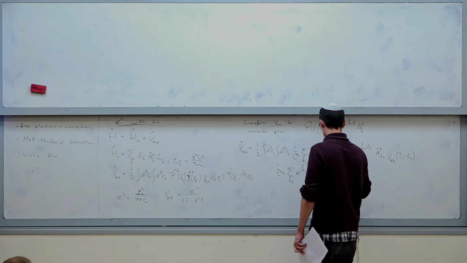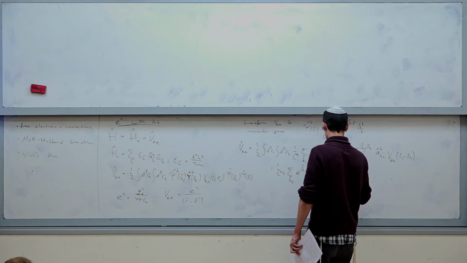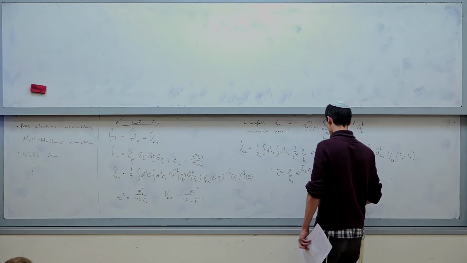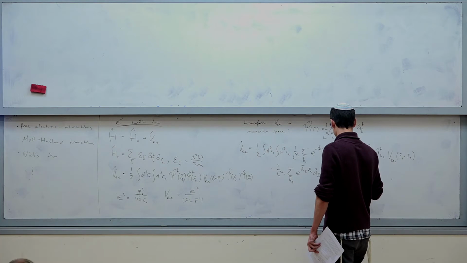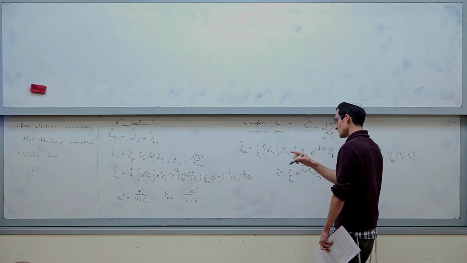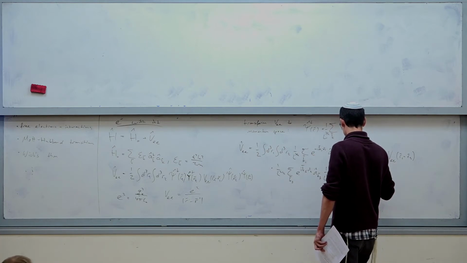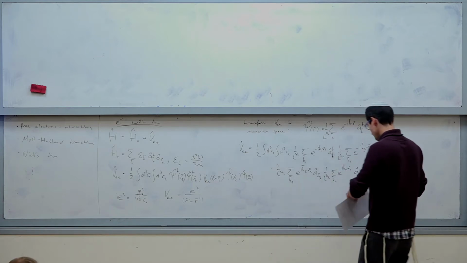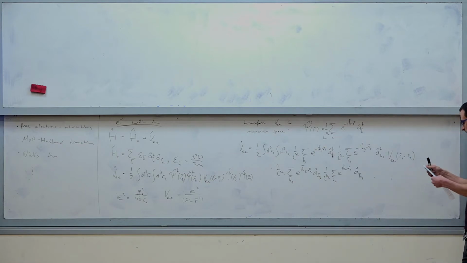And then 1 over L to the 3/2, sum over K4, e to the i K4 times R1, destroying a particle at momentum K4. So that's the stupid part, just plugging it in.